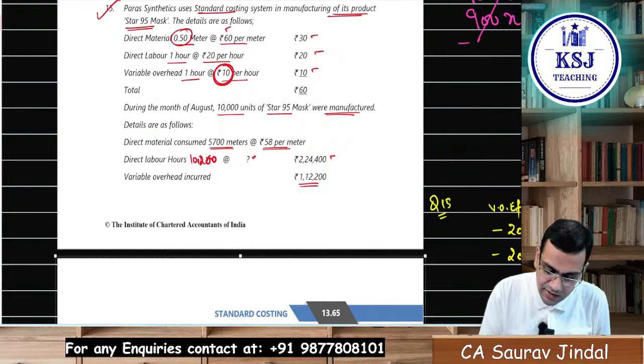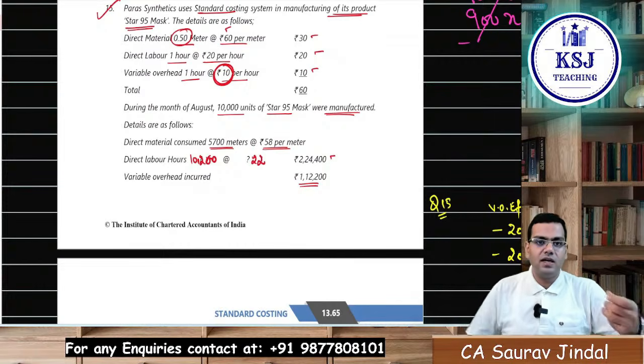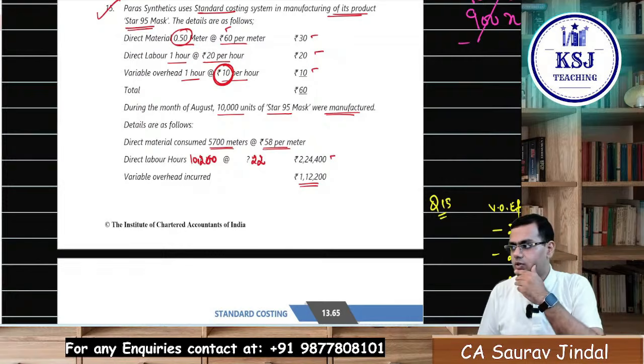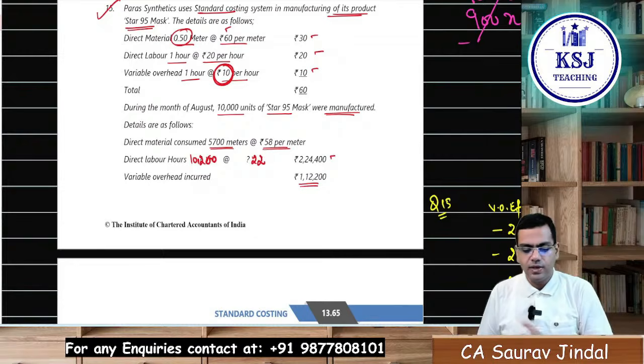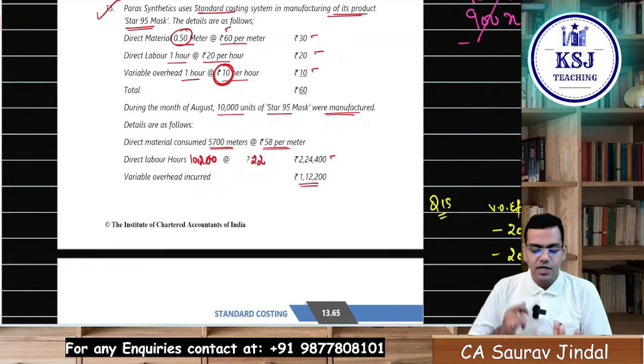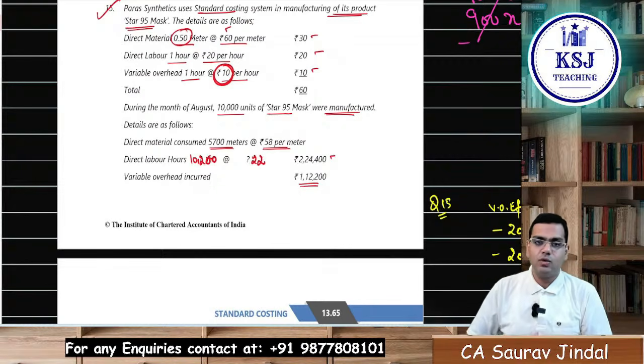Actual rate here is 22 rupees. So the missing figures we have calculated. Now you can calculate the labor variances also. Will you be able to do it? Now you can calculate all the material variances, all the labor variances, all the variable overhead variances. These are the three categories that you can calculate in this question.